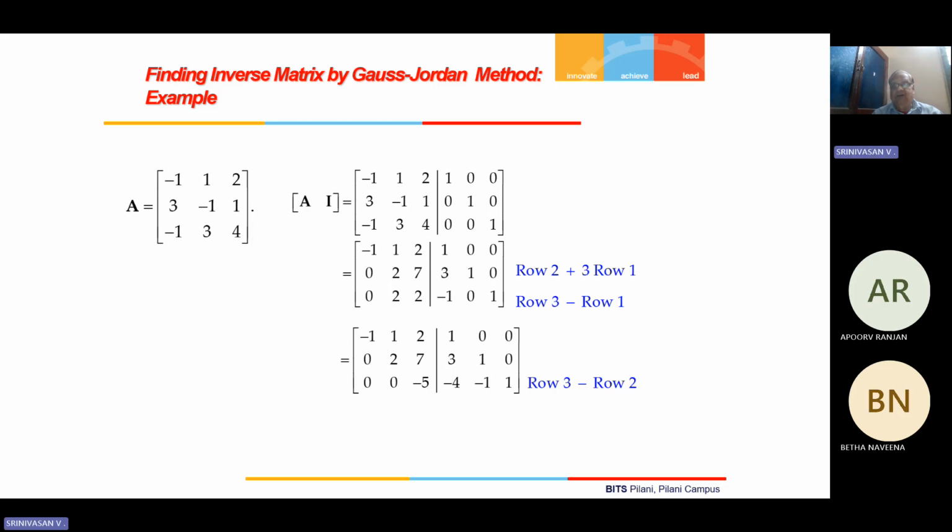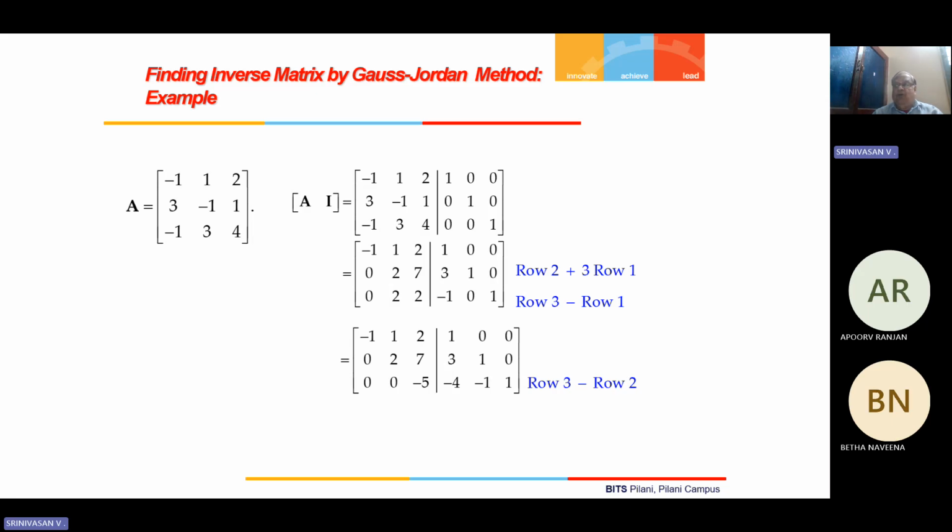R1 is fixed. That is the base on which you are doing elementary row operations. So R2 becomes R2 plus 3 times R1. So 3 plus 3 into minus 1, 0. It has to be done throughout now. Minus 1 plus 3 into 1, so 3 minus 1, 2. 1 plus 3 into 2, 6 plus 1, 7. 0 plus 3 into 1, 3. 1 plus 3 into 0, 1. 0 plus 3 into 0, 0.